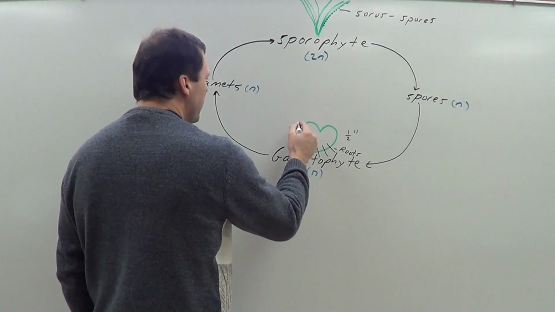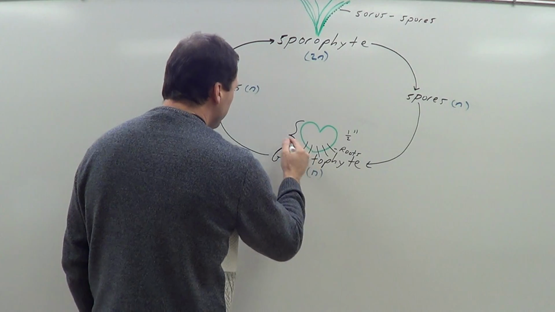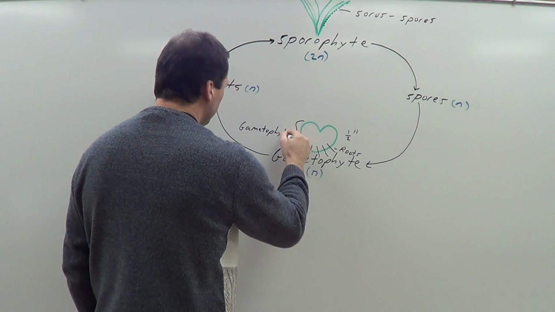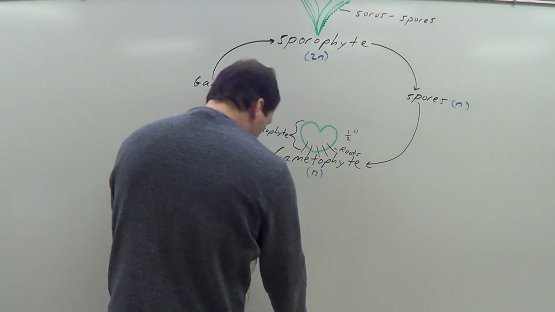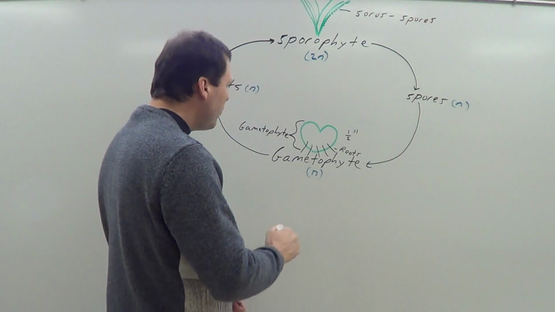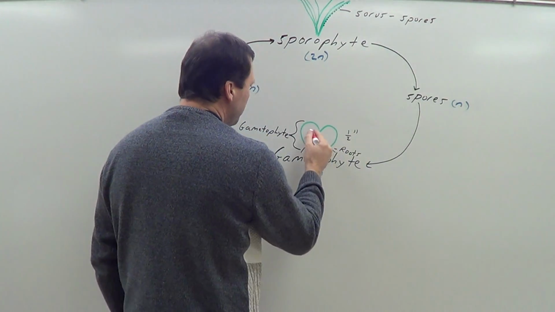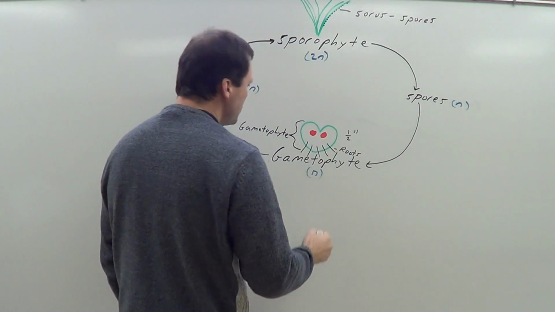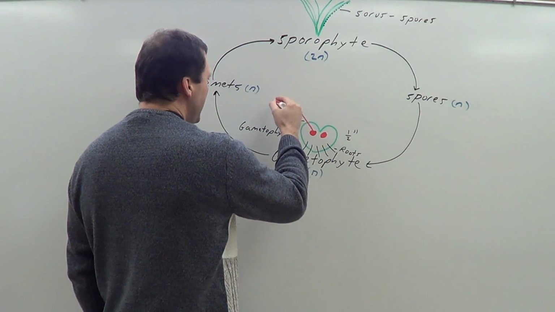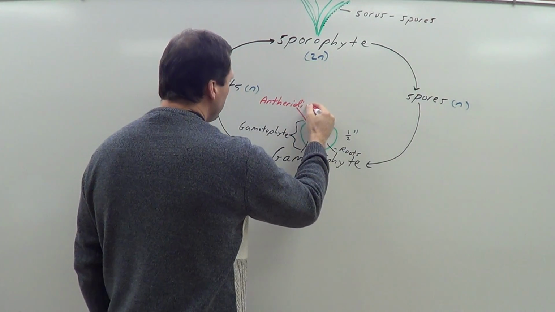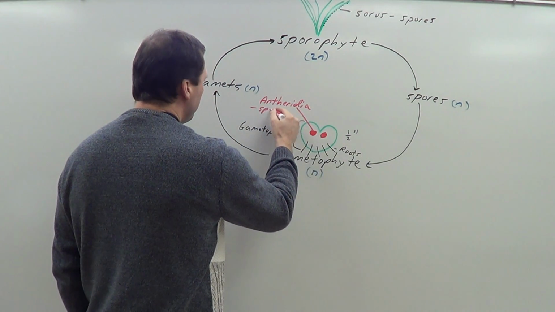Let's go ahead and label this gametophyte. There we go. Now, growing off this gametophyte, or part of this gametophyte, are going to be two reproductive organs. One is going to be antheridia, and it's going to produce sperm.